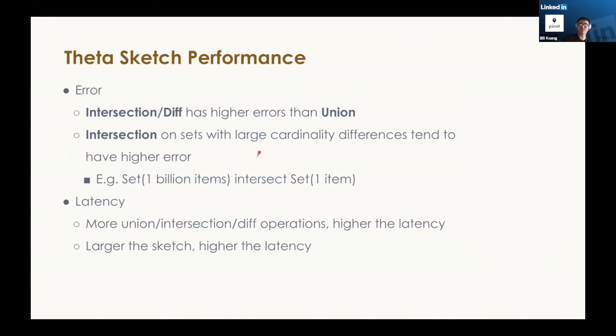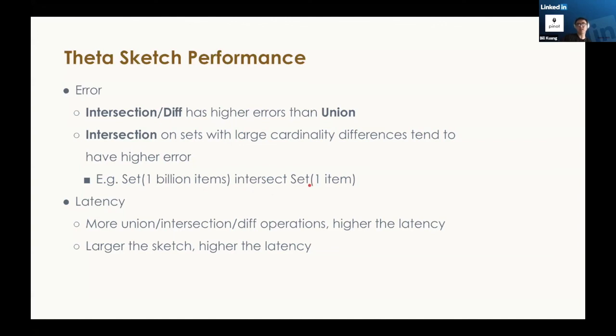That example that I gave where we're intersecting 1 billion with one item. Those queries tend to have much larger errors than if you're intersecting, say, 1 to 1,000 and two sets with very similar cardinalities.